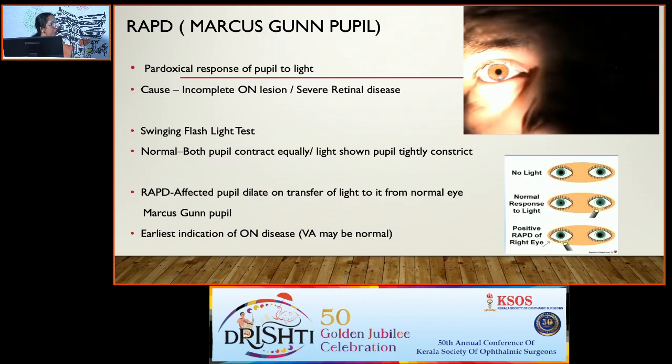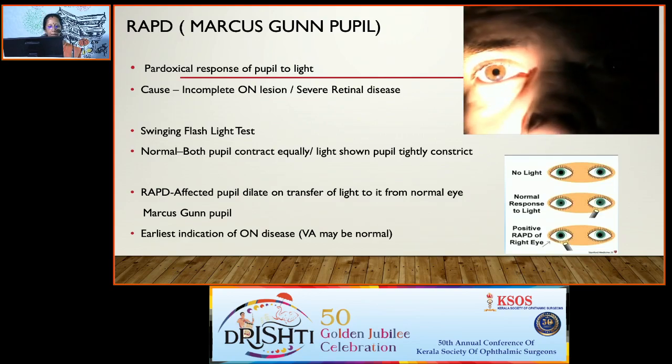In relative afferent pupillary defect, commonly called the Marcus Gunn pupil, it is a paradoxical response of the pupil to light. The cause is an incomplete optic nerve lesion or severe retinal disease, which is demonstrated by the swinging flashlight test. Normally, both pupils will equally contract when light is shown to a pupil, and the light-shown pupil will tightly constrict.